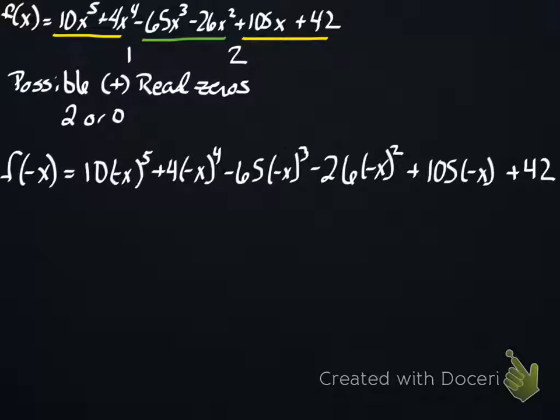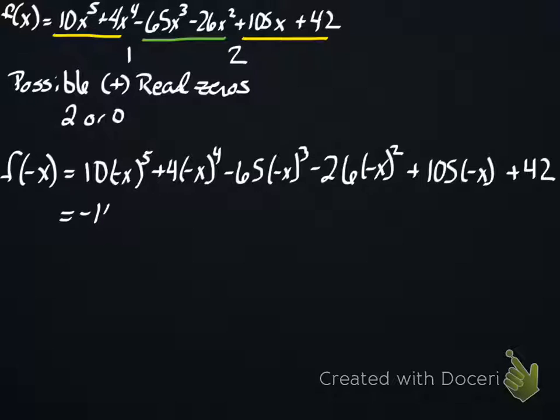Do these numbers really matter for us at this point? What numbers they choose to put in there? The 105s and all the big numbers in there, they look scary. They don't really affect us in any way. It's just the signs that are what we're looking at. So if I am taking a negative and raising it to the fifth power, is it going to be positive or negative?